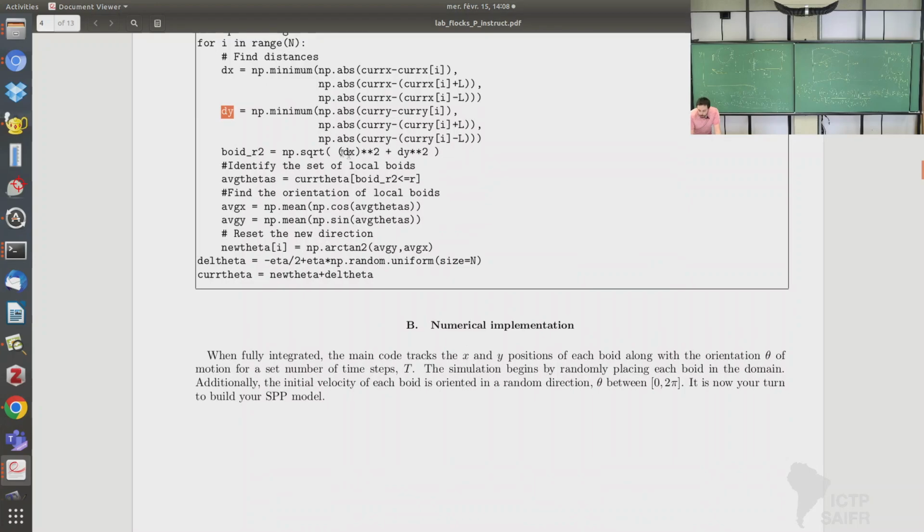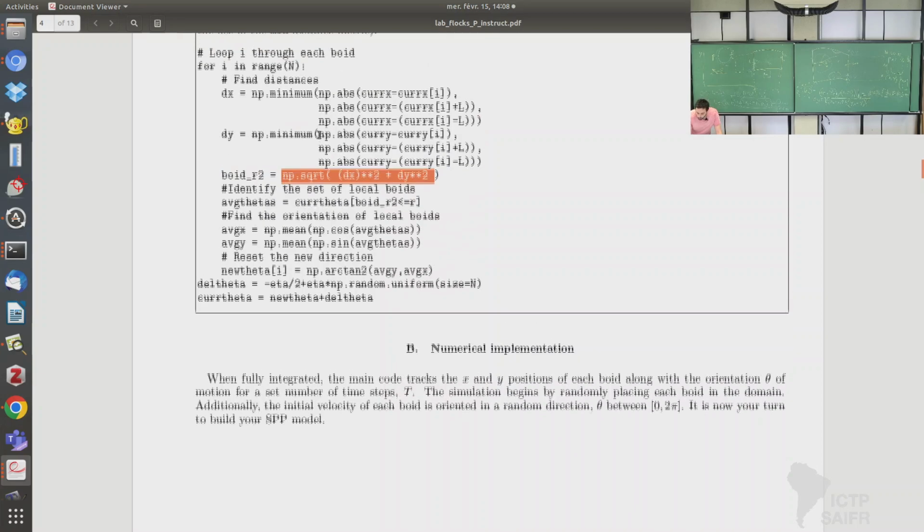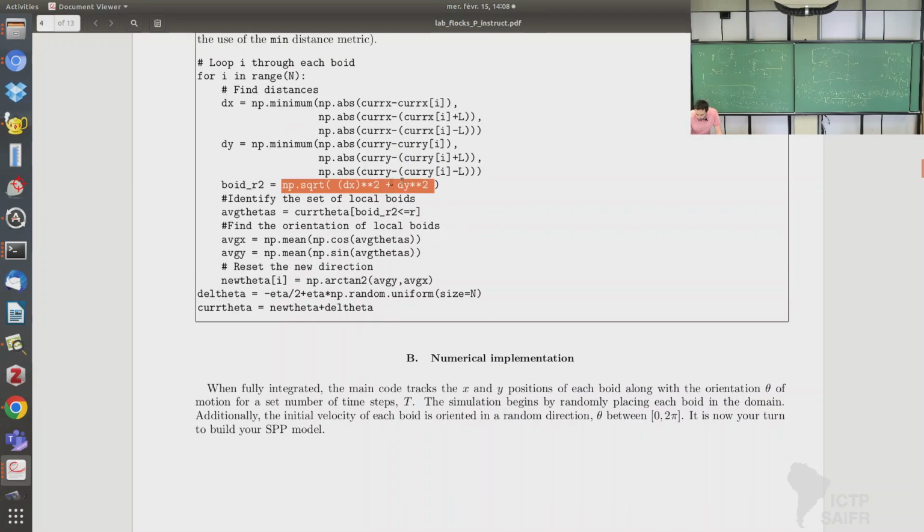And then once you have this, based on what we said here, which is how we define the neighborhood, you calculate all of the distances to the focal bird and all of the other birds, okay? Already accounting for periodic boundary conditions again.